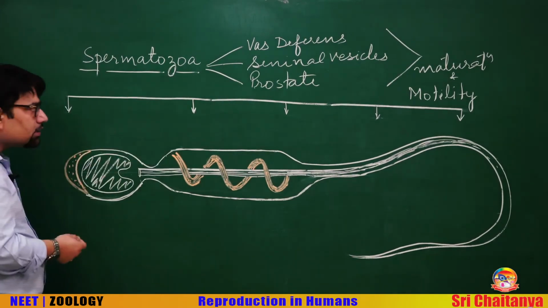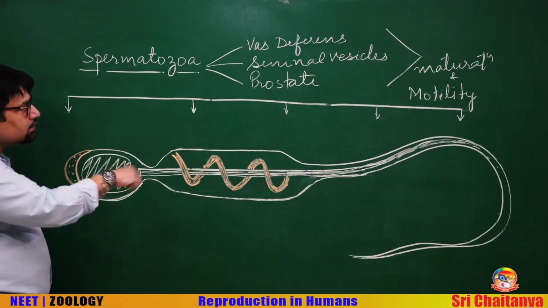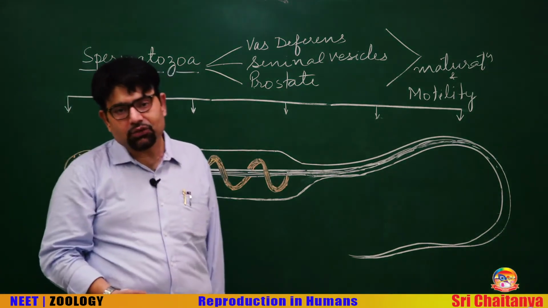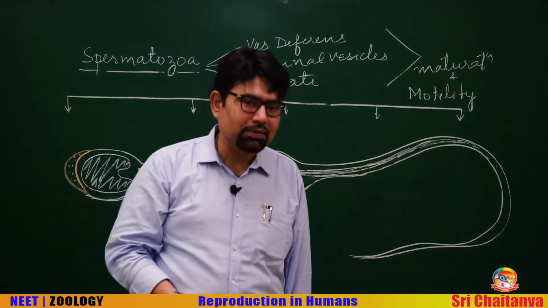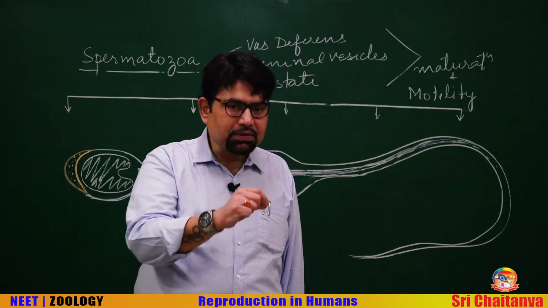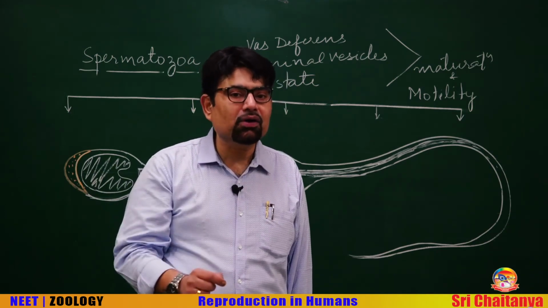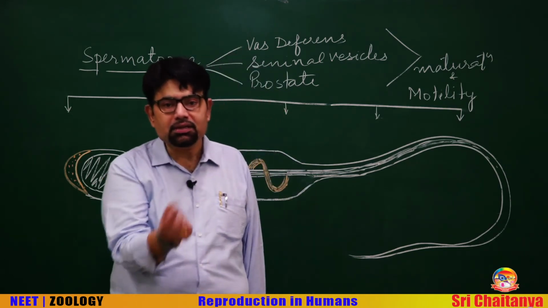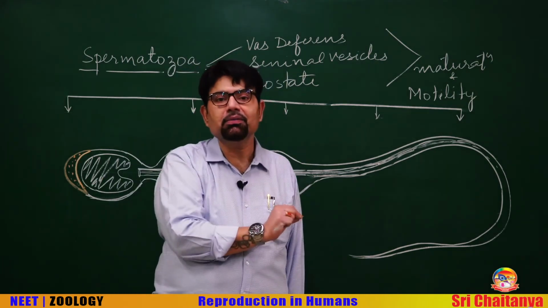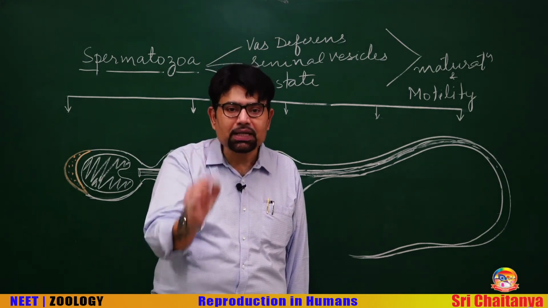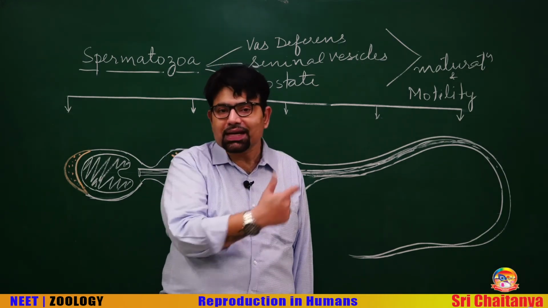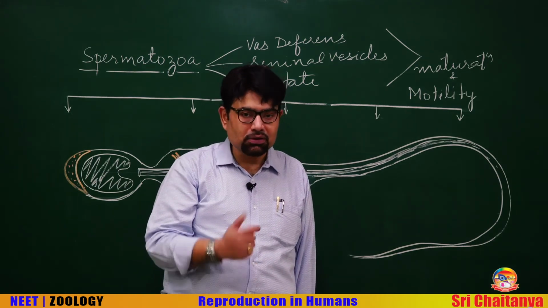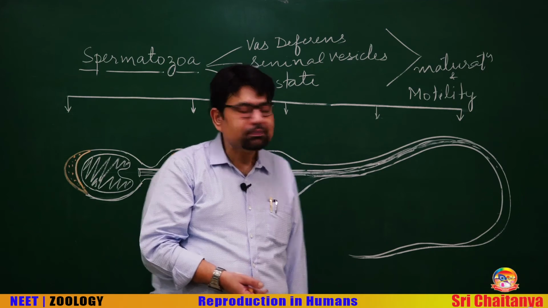All these accessory glands, with the main contribution from the seminal vesicle, constitute a fluid called seminal plasma. Sperms along with the seminal plasma constitute semen. What is semen? Semen is sperms along with the medium called seminal plasma, produced by these accessory glands, in which the seminal vesicle contribution is maximum.